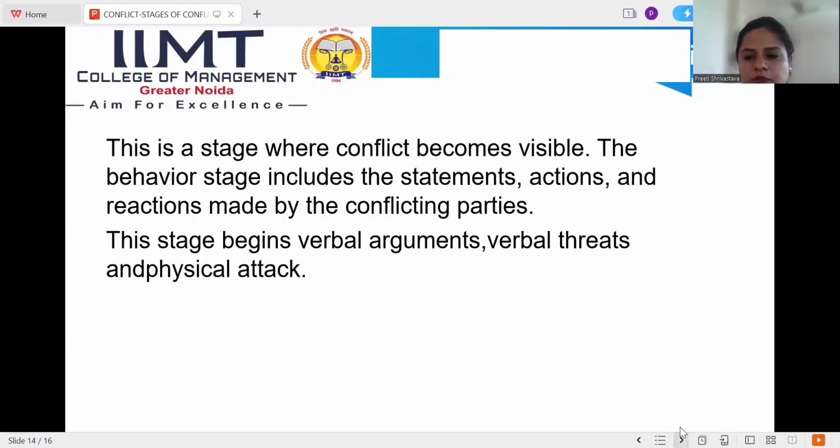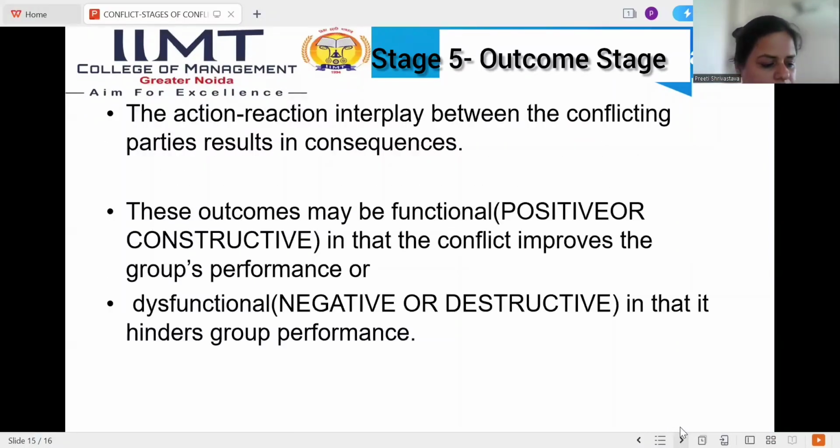Now let's come to the next stage, that is the outcome stage. The action-reaction interplay between the conflicting parties results in consequences.